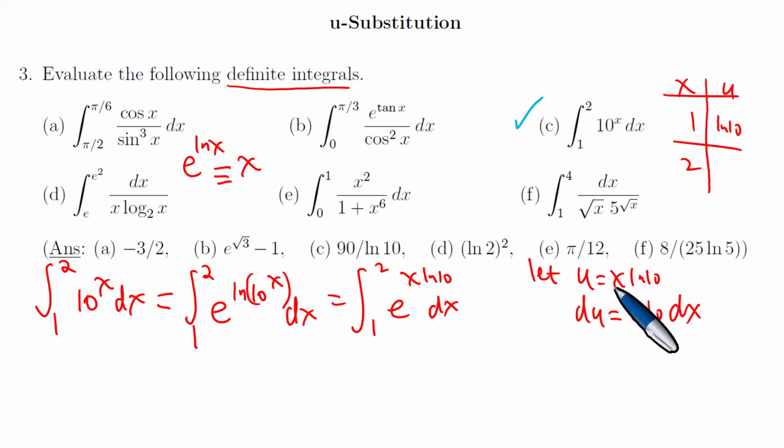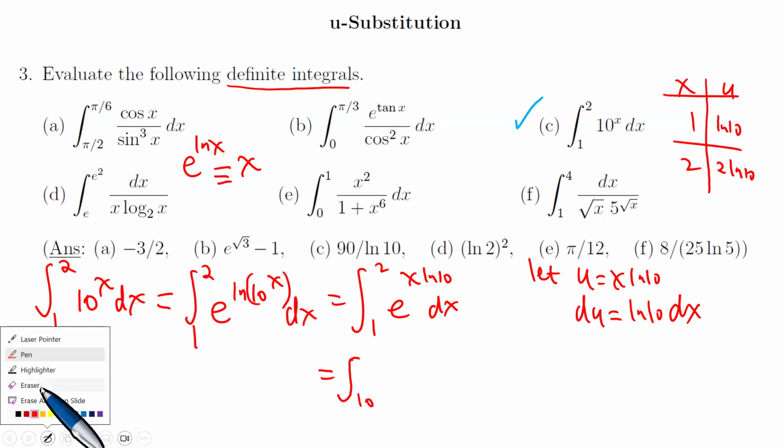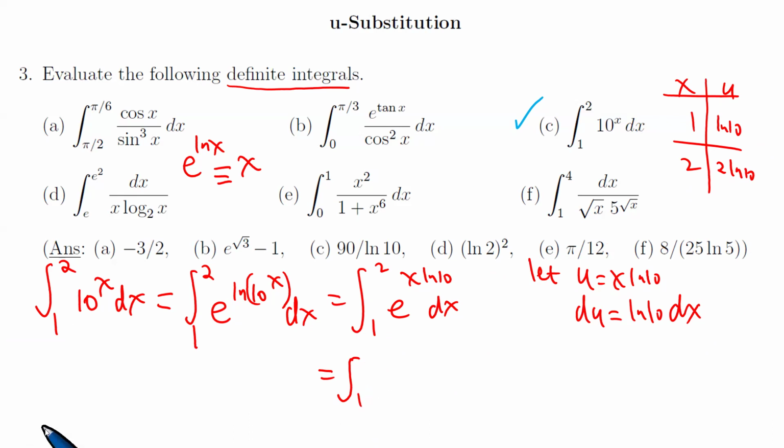Put 2 in the place of x, it becomes 2 ln 10. So we're in business. Instead of integrating from 1 to 2, we're going to integrate from ln 10 to 2 ln 10, to double ln 10.